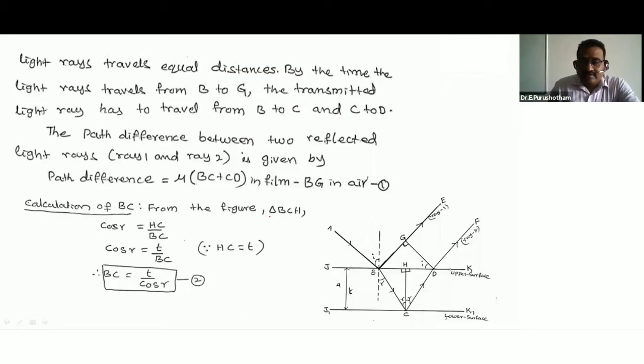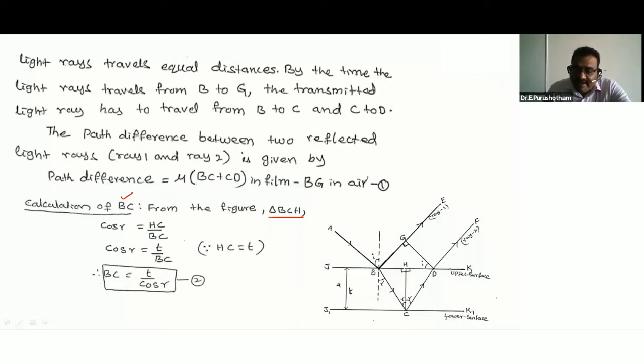From the triangle, we are going to calculate the BC value. From the triangle BCH, I want cos R. Cos R is equal to the adjacent side by the hypotenuse, so HC by BC.